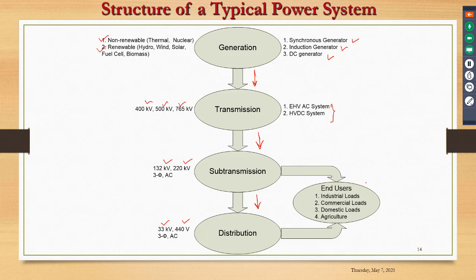Sometimes the end users, if they are industrial or commercial consumers, are directly connected to the sub-transmission network. Because they connect directly to the high voltage, they have to use a transformer to step down the voltage for consumer use.